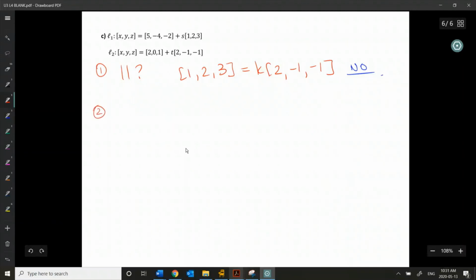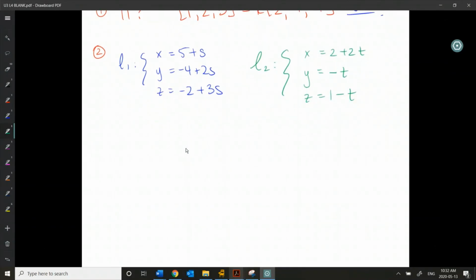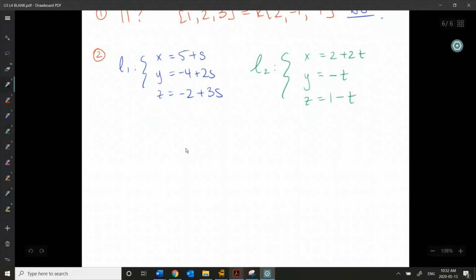So we're going to go forward with step 2, and we're going to set up equations for both of our lines again. Okay, so set those up. Part of this step as well is to create 3 equations.